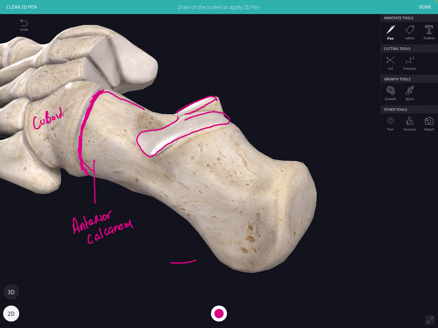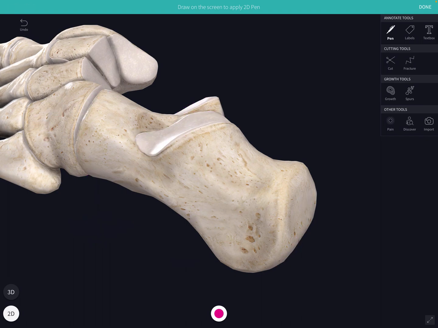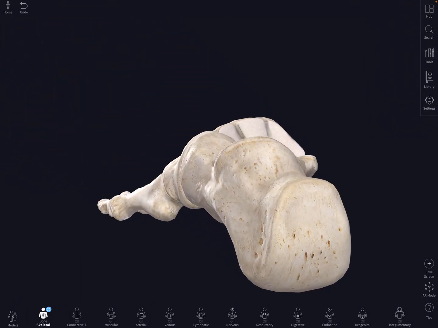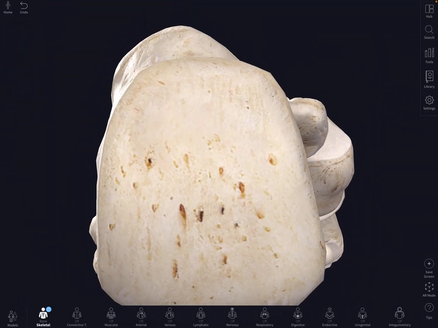Now the posterior surface of the calcaneum, this posterior surface here, has a wide roughened ridge running transversely across its middle. So I can rotate it around for you.